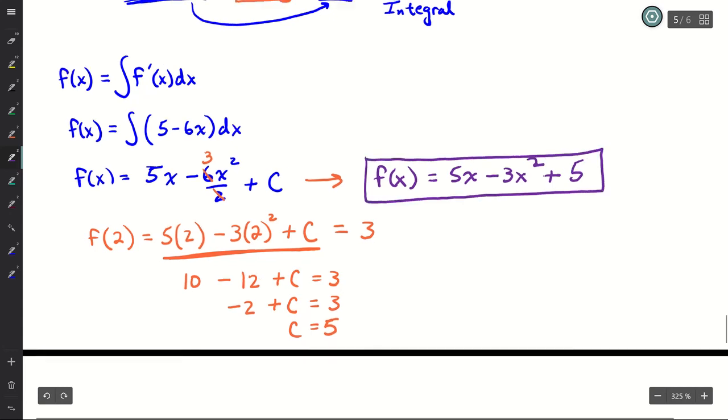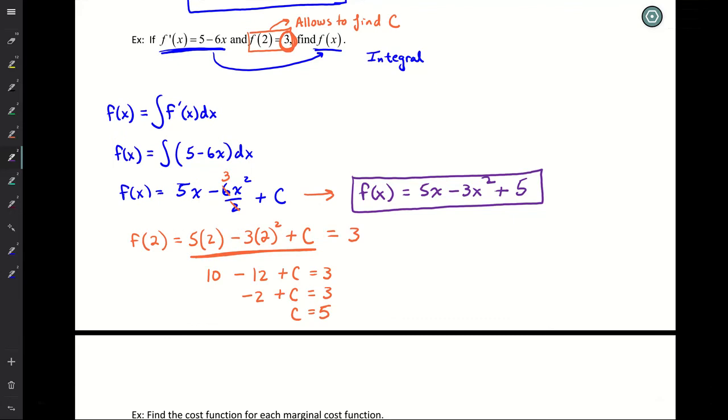So they have asked me, given the derivative, find the original function. The original function was 5x minus 3x squared plus 5, and the original function evaluated specifically at 2 is equal to 3. So I've found the function that satisfies all those criteria in that situation.